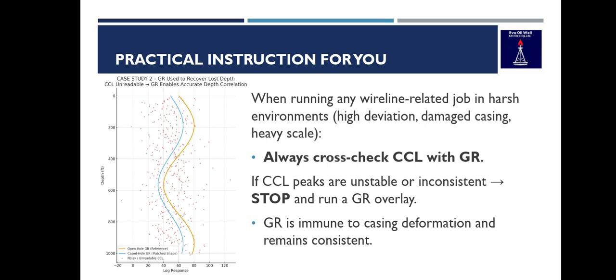Practical instruction for you. Always cross-check CCL with gamma ray in harsh environments. Stop and escalate if correlation is unstable, for the right decisions to be made by the decision makers of the asset owners.